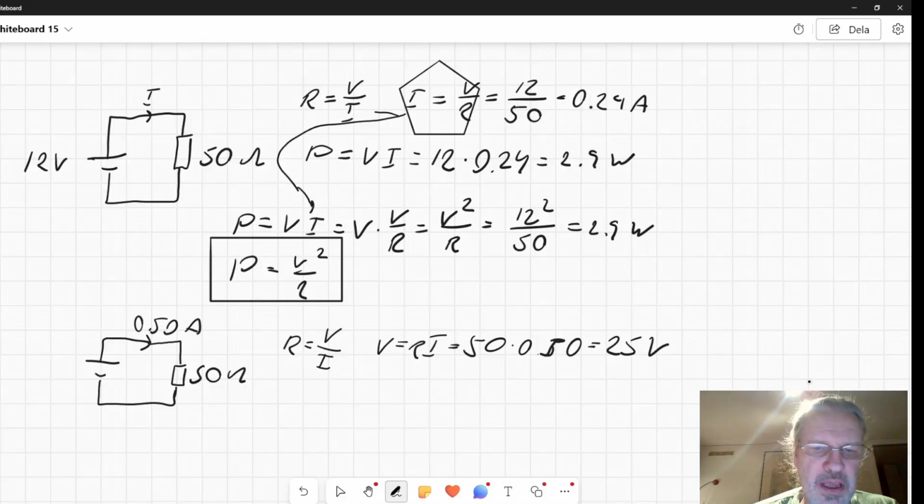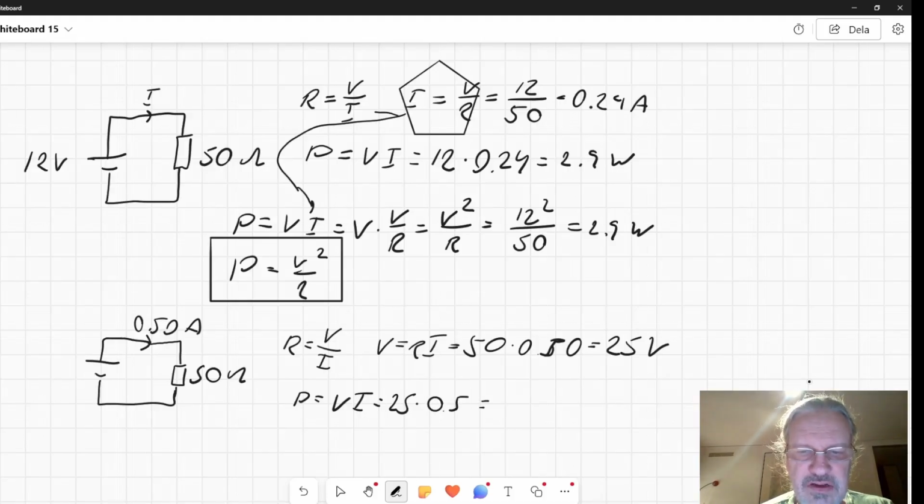So we take the power again here, equals V times I equals the voltage that now we know is 25 times the current, that is 0.5, that is half of 25, and that is 12.5 watts. I know that this is 3 significant figures, but the problem is with 12.5. I should round it. Technically speaking, we should round it to 12, but I keep it as this.